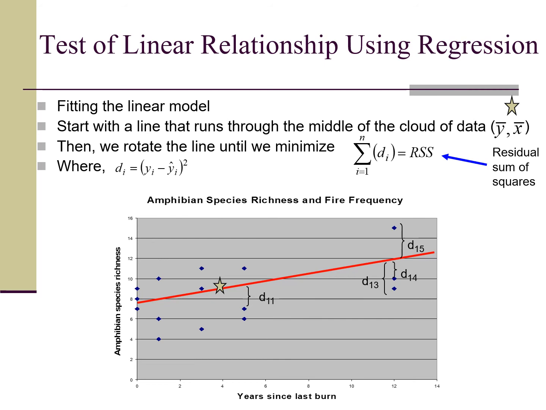We have better fit the data than just the null hypothesis of there being no relationship between years since burned and amphibian species richness. And the sum of the squared differences, again, between each one of those observations and the prediction, which is graphically represented by that line, that's going to be your residual sum of squares, okay?